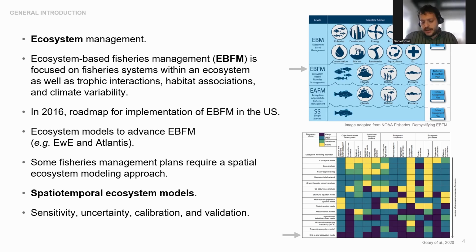But we need to consider that there are some fisheries management plans that require a special framework because of the nature of the issue or what we want to implement, where the spatial temporal scope of the problem is very important. And to do that, we have those spatial temporal ecosystem models that come to the bottom. At the bottom right, we have these numerous ecosystem modeling tools and what they are used for.